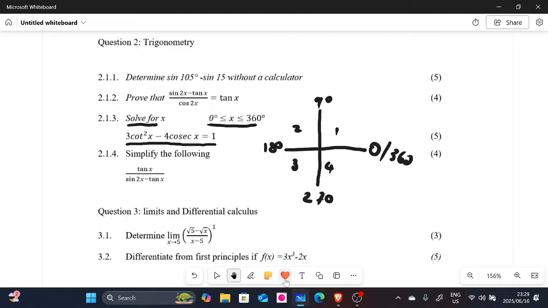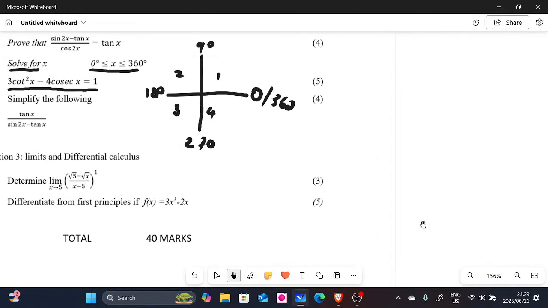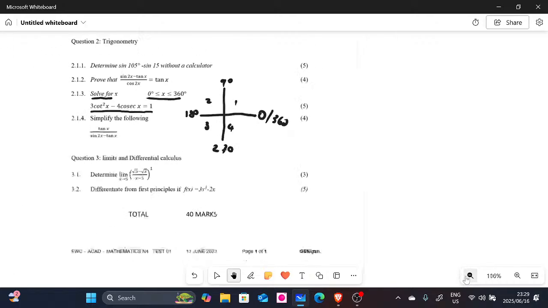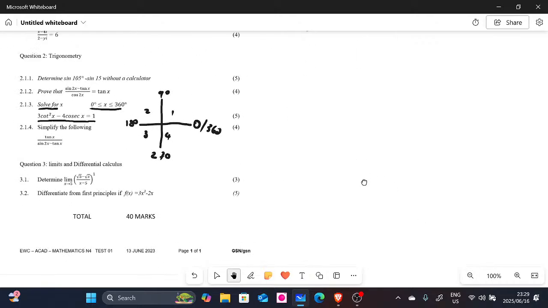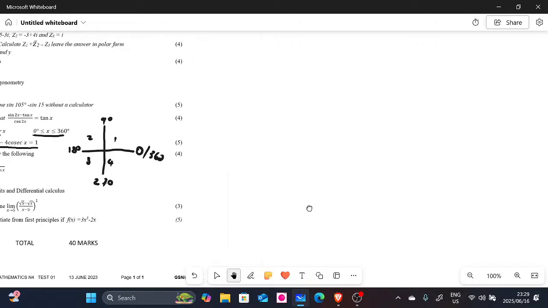Let me just write it. I think I'm going to need a formula sheet. I'm not using a formula sheet, and I'm also not having a book with me, guys.